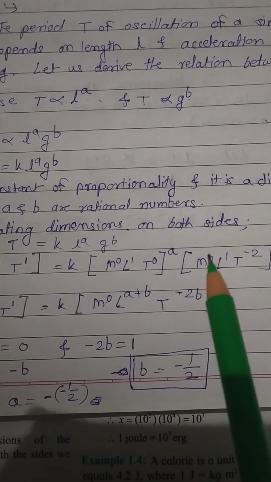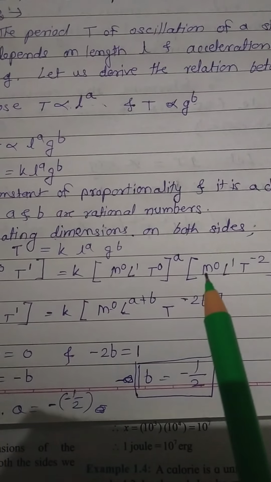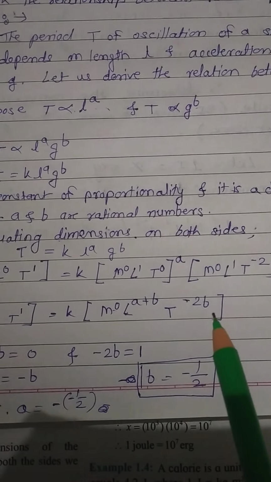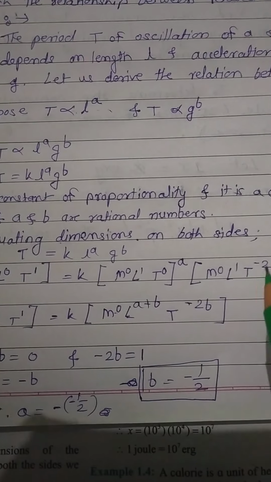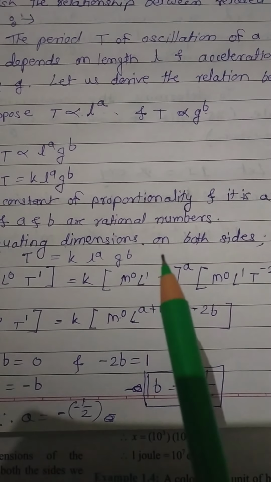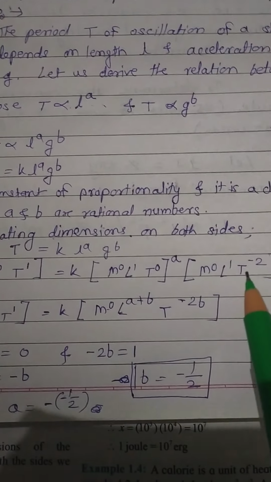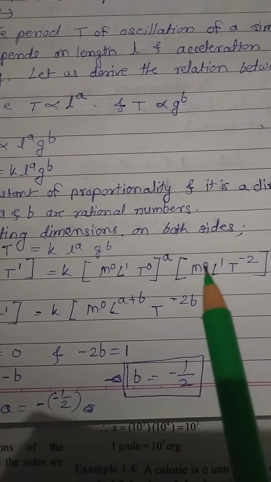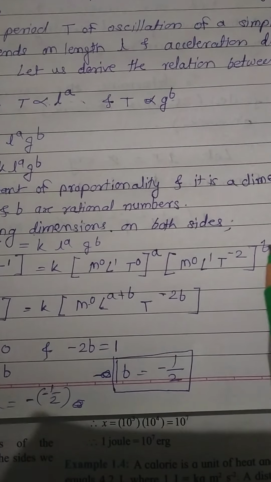Meter is the measure of length, and second square is in the denominator, so the time exponent is minus 2. So the dimension of acceleration due to gravity is M^0 L^1 T^-2, to the power b.